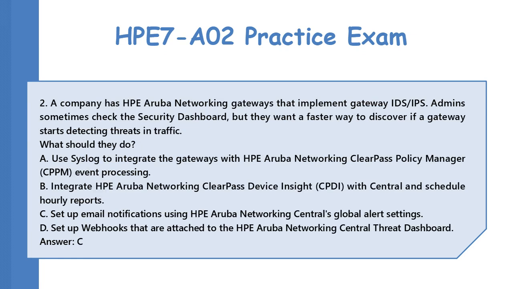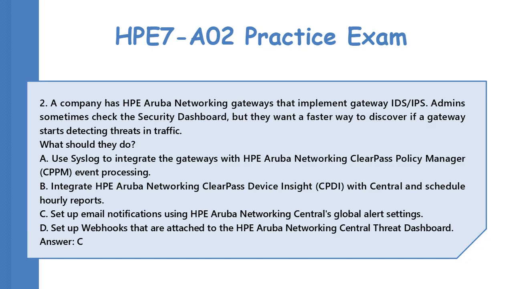2. A company has HPE Aruba networking gateways that implement gateway IDS, IPS. Admins sometimes check the security dashboard, but they want a faster way to discover if a gateway starts detecting threats in traffic. What should they do? A. Use syslog to integrate the gateways with HPE Aruba Networking ClearPass Policy Manager, CPPM, event processing.